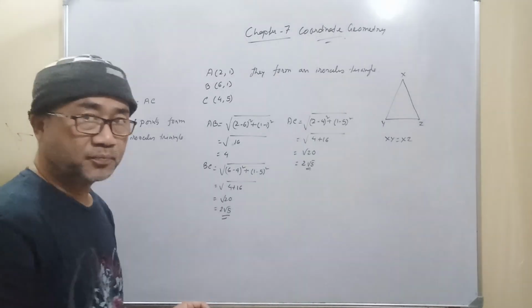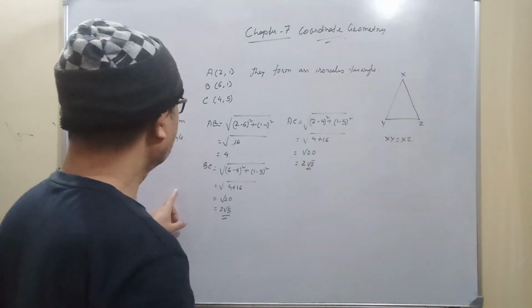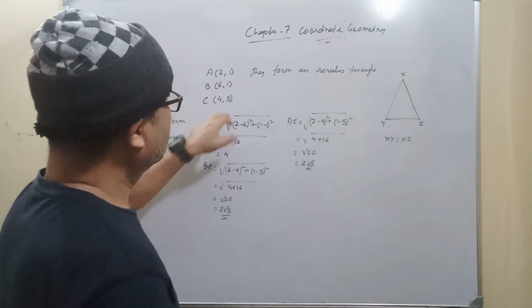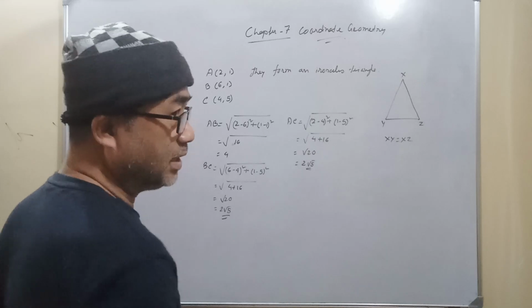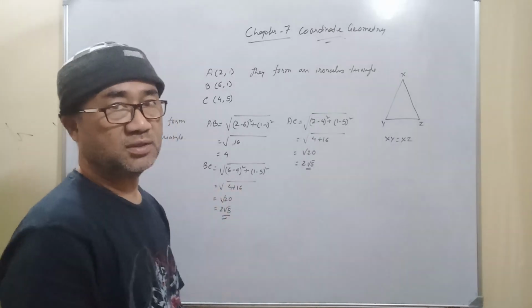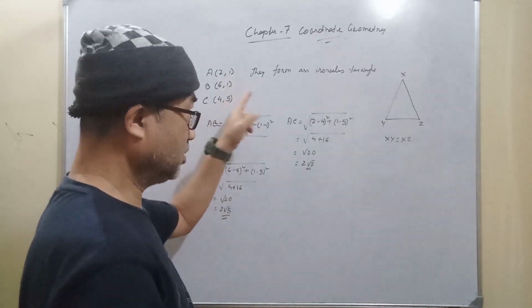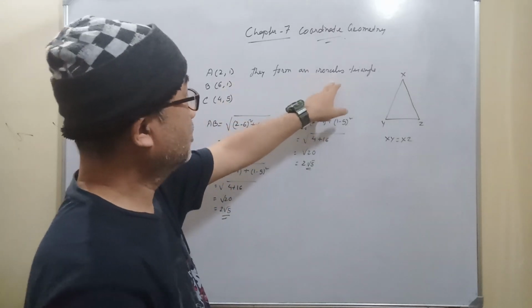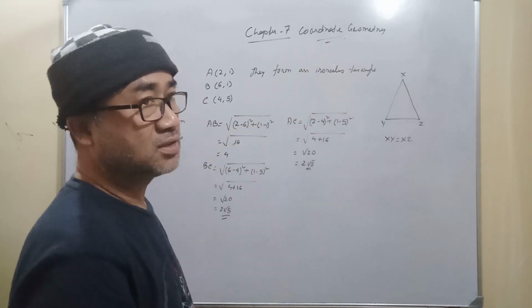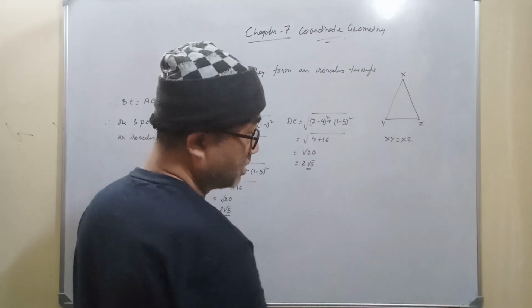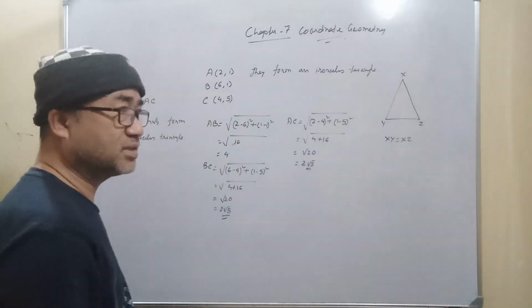By the way, you may be asked to prove that 3 points form an equilateral triangle. That is another type of question similar to this question. Here you are asked to find the isosceles triangle. Sometimes you are asked to prove that they form an equilateral triangle. The procedure is the same.